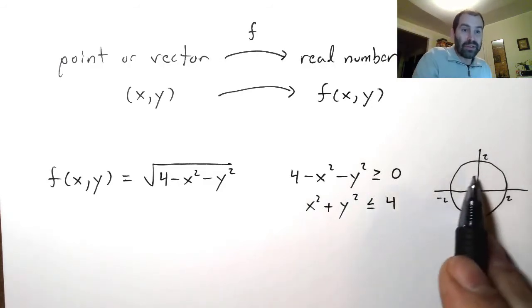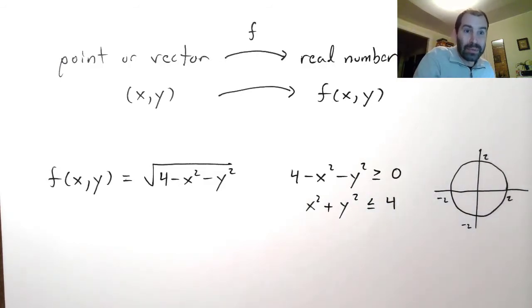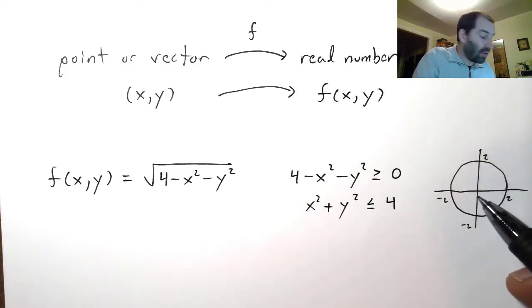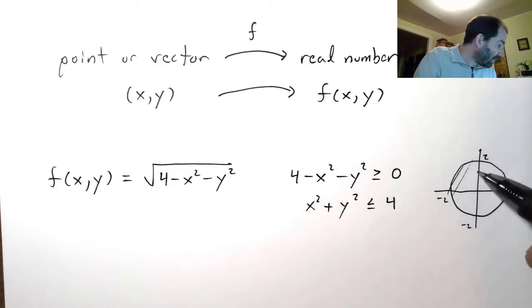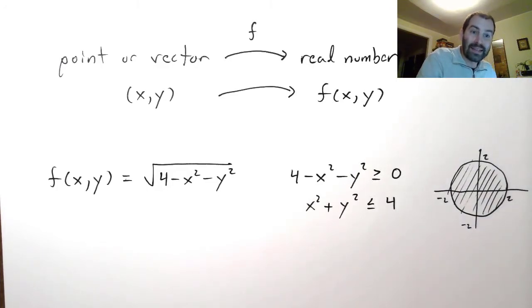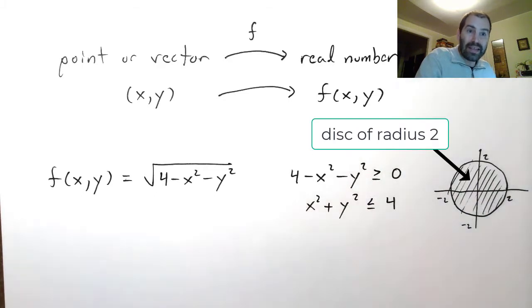These are all circles of radius less than 2. So if you imagine all those circles, they would fill in the interior of this region. And that's what we call in mathematics a disk. So the disk is the interior of the circle. So this is a disk of radius 2.